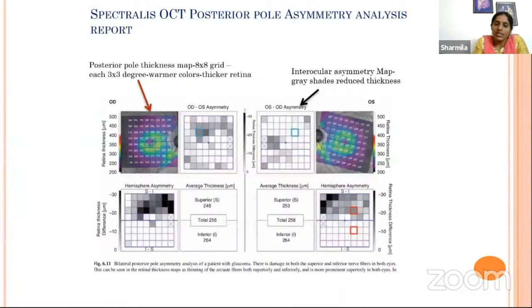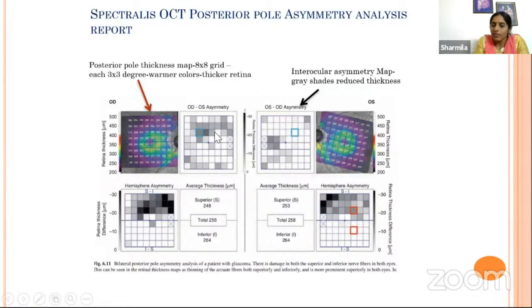That was with the Cirrus OCT, and similar to that we have in the Spectralis OCT, where you have a posterior pole asymmetry analysis, and this is basically done with an 8x8 grid, and then you have again color coding which is given at the side. And here, interestingly, we have a right and left asymmetry which is calculated.